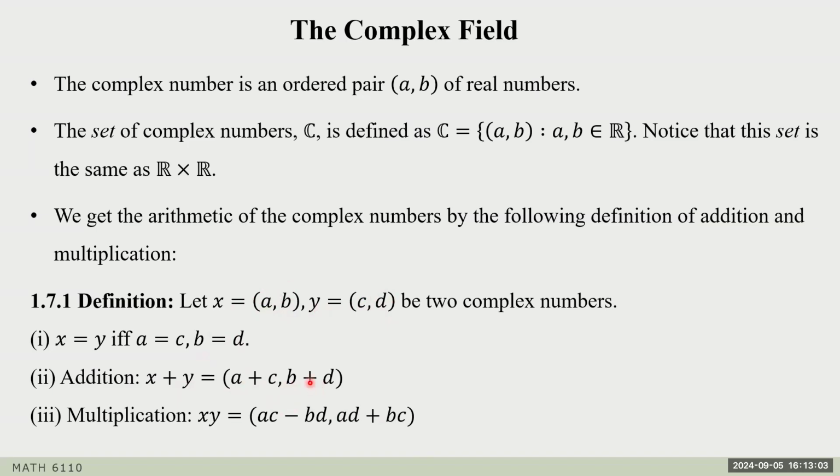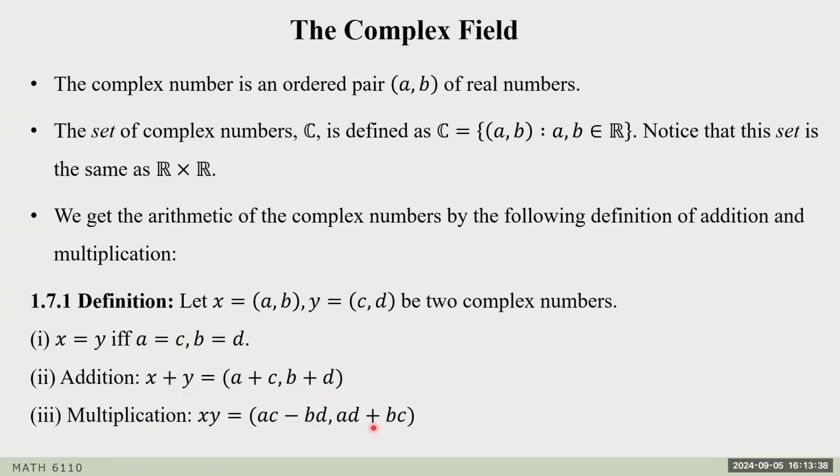And now you're thinking, okay, but isn't this just like addition in R squared? Yeah, it's the same addition as in R squared. So far, nothing in the first and second point is different from the arithmetic that you have on R squared. What makes the complex numbers different from R squared is this multiplication rule. So the multiplication rule, x times y, how to multiply two complex numbers together.